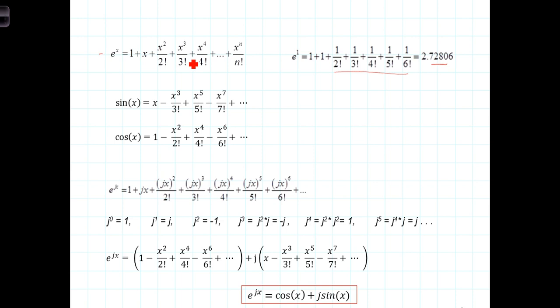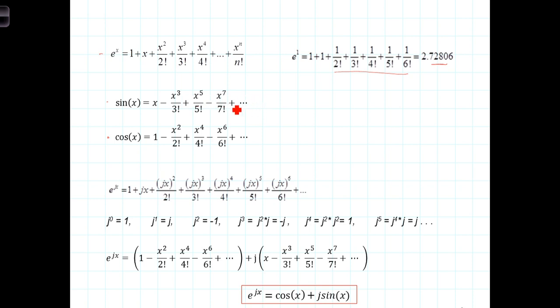The other two common Taylor series expansions that we see are for the sine and cosine. In the sine expansion, you've got x to the first power, minus x cubed over 3 factorial plus x to the fifth over 5 factorial, and so on. Three things to observe. First of all, x is raised only to odd powers in this expansion.